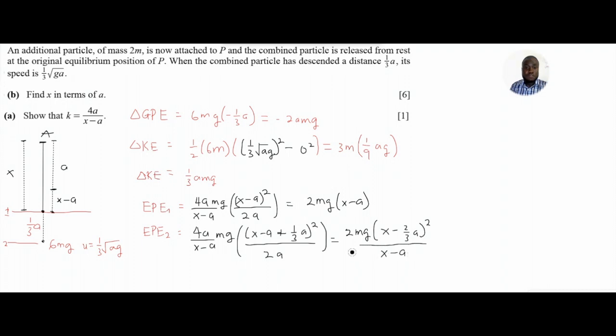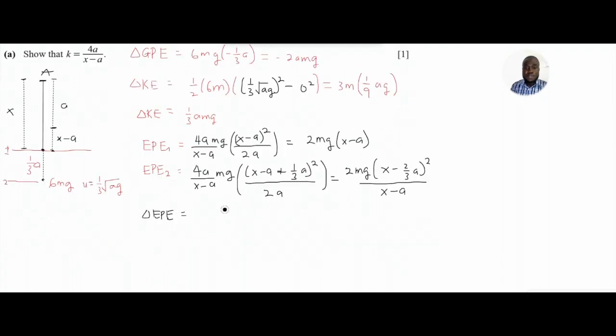This is a good point to find the change in elastic potential energy. So the change is the final value minus the initial value. So I'm going to write this, and I'm going to try and factor out x minus a. I have a big bracket. Great.